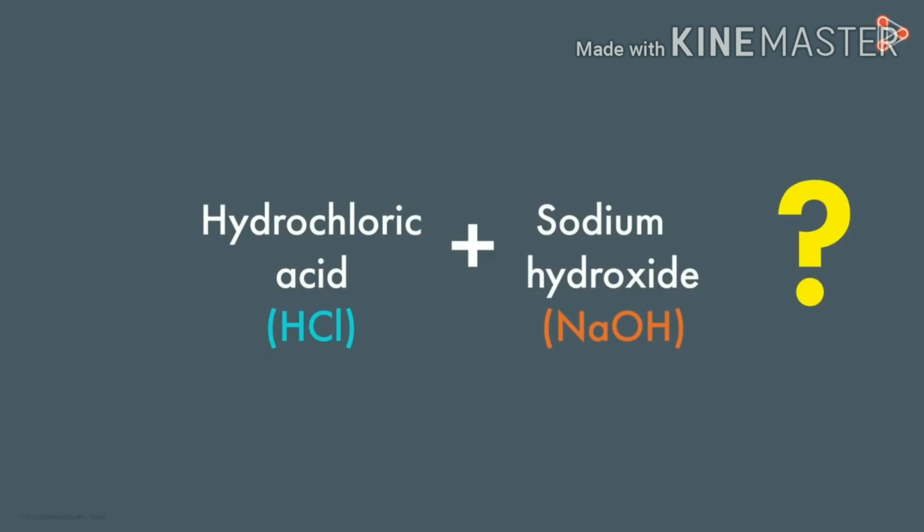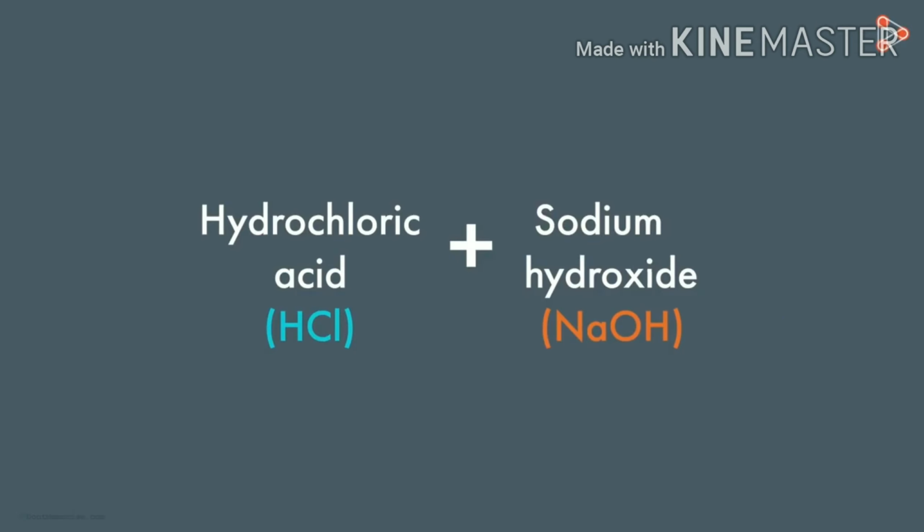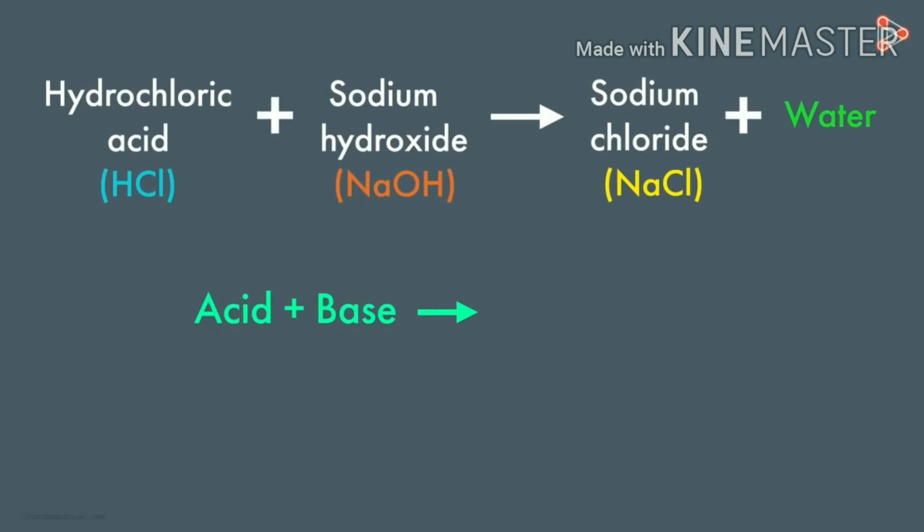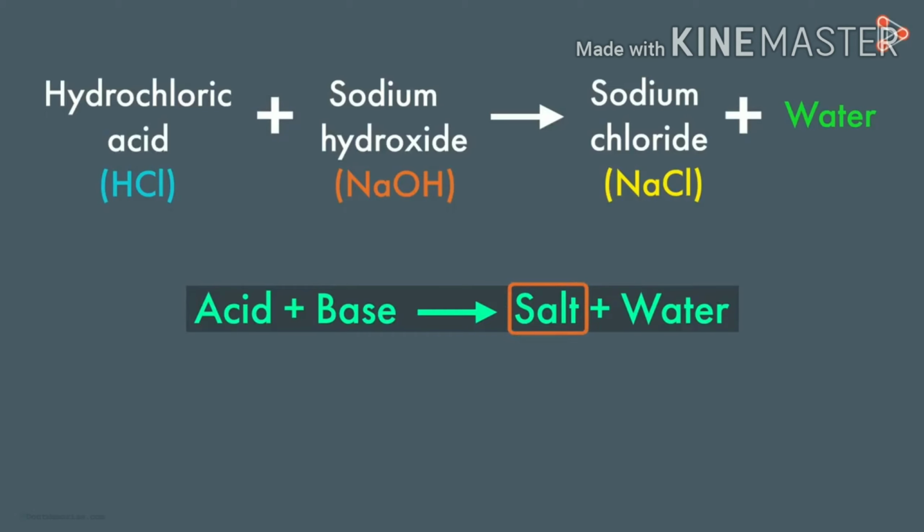What will be the result then? The reaction yields sodium chloride and water. Sodium chloride is the common salt used by us. So, an acid with a base gives us salt and water. This is a generalized reaction. Salts are the products of reaction between an acid and a base.